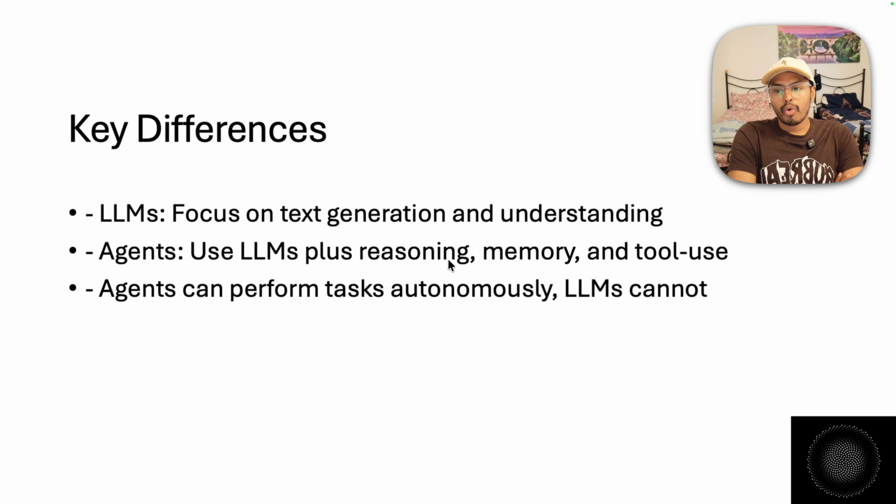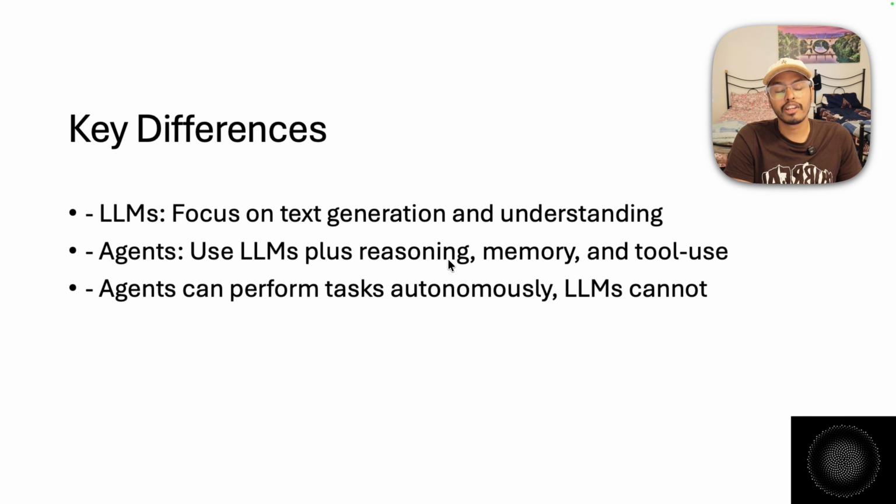So what are some key differences between an agent and an LLM? LLMs are just content generators. They are just generating text based on the understanding that they have from the user's questions. That's it. But agents are one step beyond this fundamental aspect.